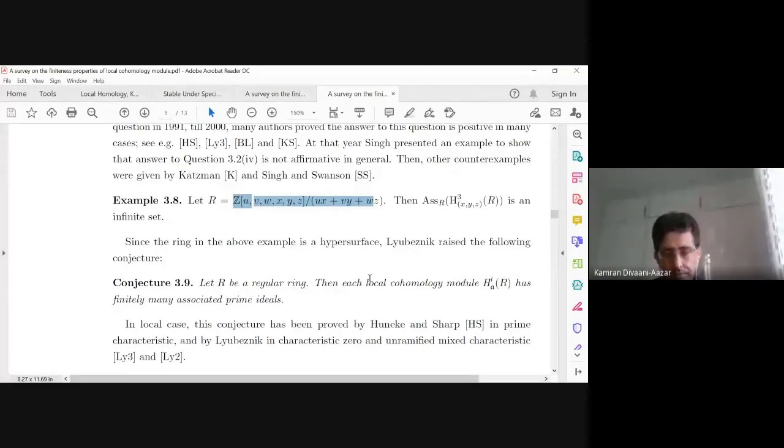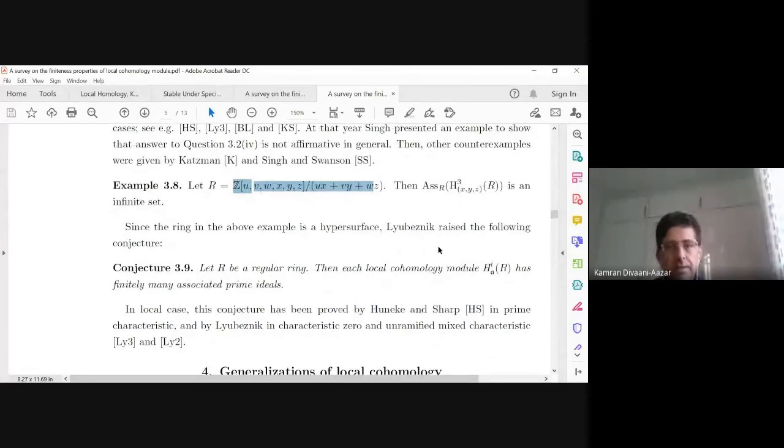So he raised the following conjecture: let R be a regular ring. Then each local cohomology module of R with respect to an ideal A has finitely many associated prime ideals.